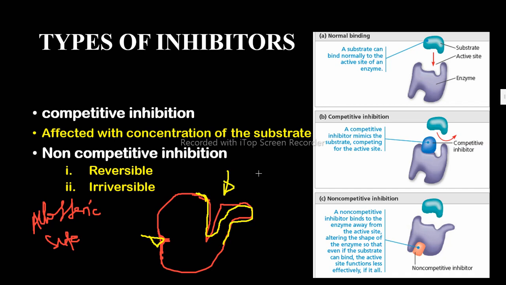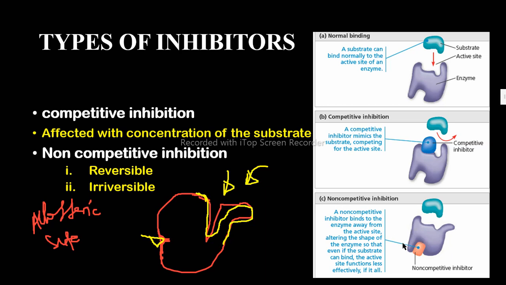The new shape is completely different from the shape of the active site. Hence, the substrate molecules cannot bind to this new shape. And so if the substrate molecules cannot bind, then you don't expect any products to be formed.